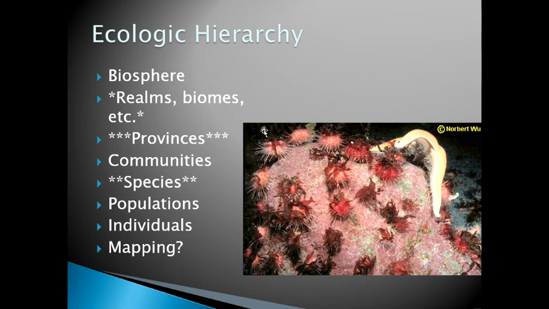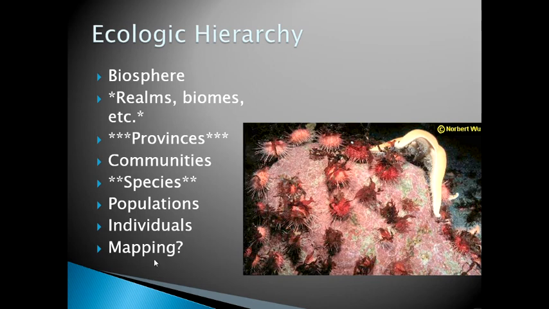Small digression into the ecological hierarchy. The lower half of this, communities, species, populations, and individuals, is where most ecologists work. The upper half, from communities again to provinces, realms, biomes, the whole biosphere, is where biogeographers or macroecologists work.